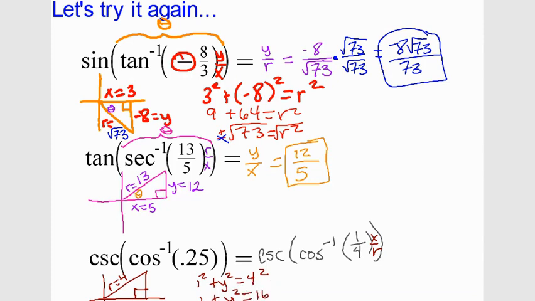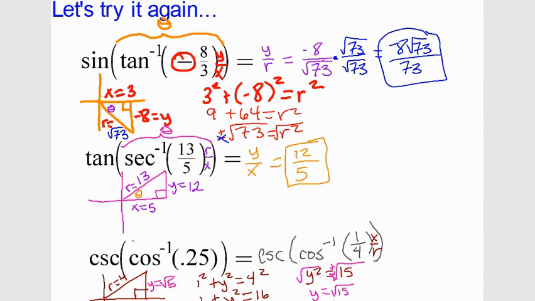Subtract 1 from both sides, we get y squared equals 15. Undo a square with square root. When we take the square root of both sides, we pick up the plus or minus option. In quadrant 1, everything's positive, so we're going to throw out the negative option. That's just going to be the positive square root of 15. Now that doesn't simplify because the square root of 15 is just the square root of 3 times 5, so there's no pairs, so nothing comes out, so it just stays the square root of 15. So y equals the square root of 15.